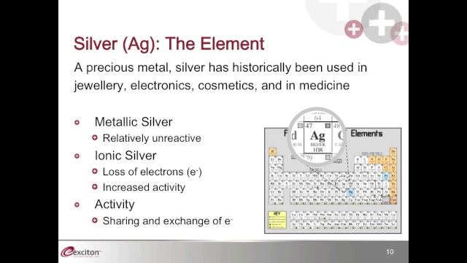But silver is also readily found in ionic form, such as silver nitrate, silver sulfate, and silver chloride. These compounds offer increased reactivity due to sharing or exchange of electrons and have unique applications in medicine.